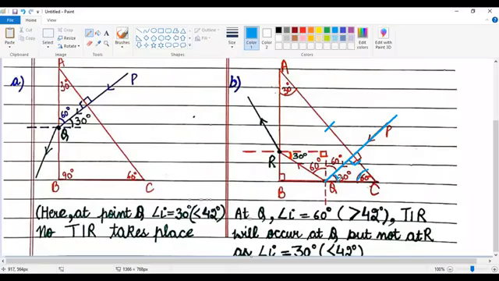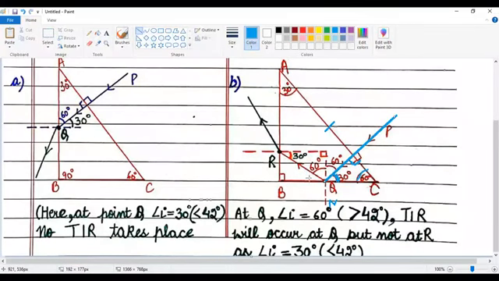Then the remaining angle at point Q will be 30 degree. So if we draw the normal at point Q, the ray is incident from P to Q.